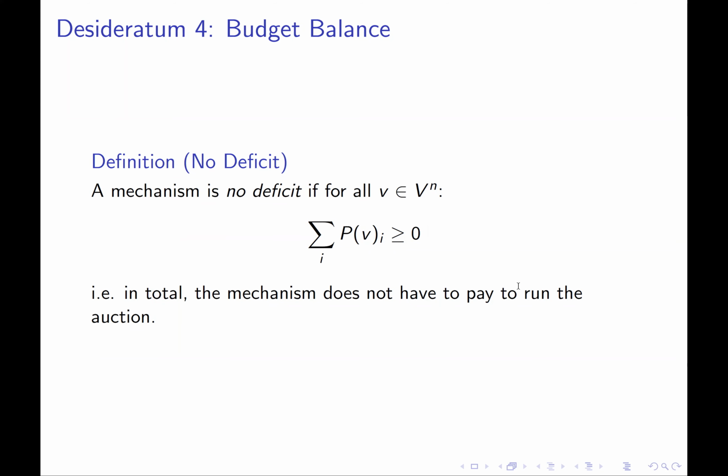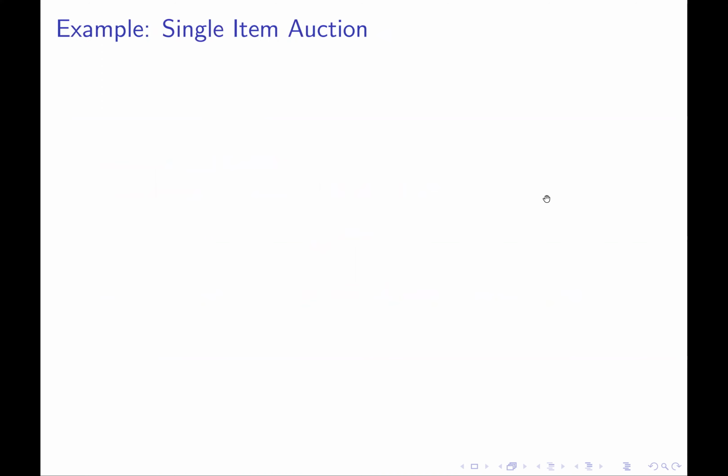That is, in aggregate, the mechanism should not be paying the agents; the agents should be paying the mechanism. Okay, so these are all 4 desiderata that we might hope for, and now let's think about whether we can achieve them.